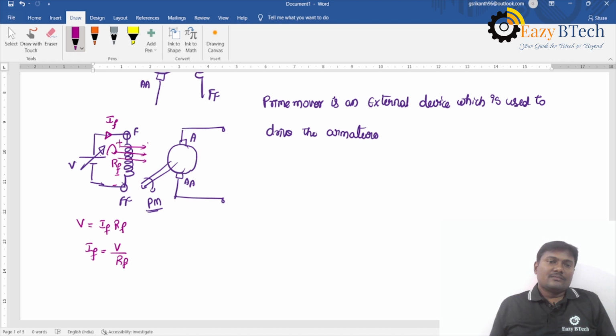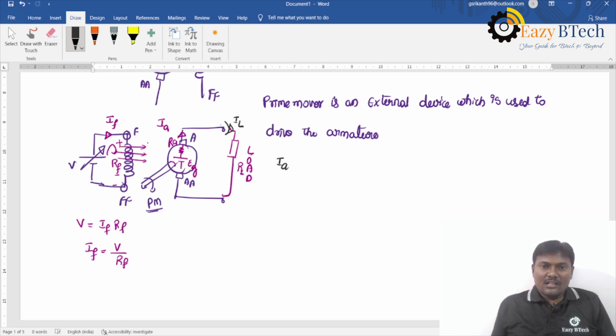With this rotation, the generated EMF will be induced in the armature conductors. Armature winding consists of a resistance RA and the load resistance will be RL. The current which is delivered from the armature is called IA. And the current which is flowing through the load is called the load current.